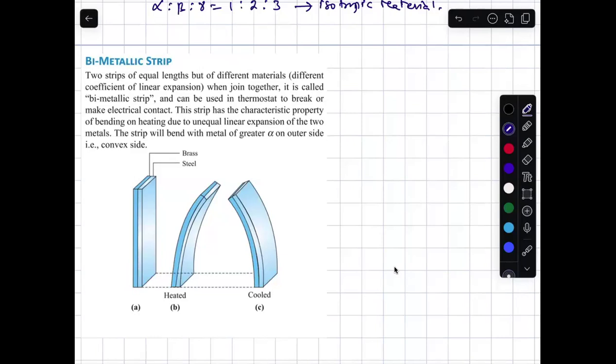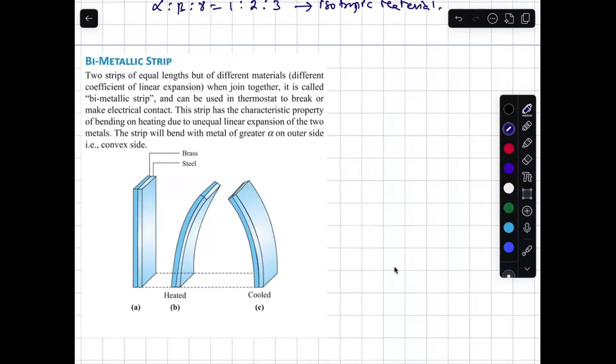So now you can see you have two strips of equal lengths. You will use this arrangement wherever temperature control is required. You will use this system in an iron box, in AC, and in your refrigerators also.